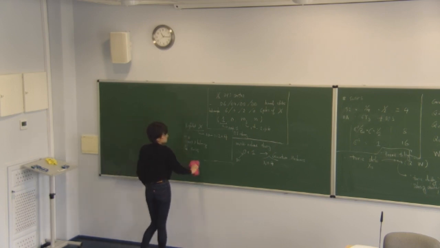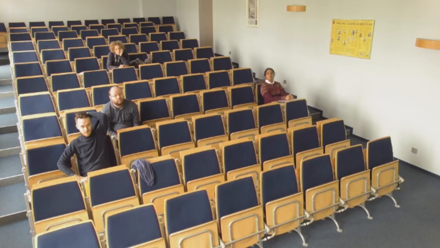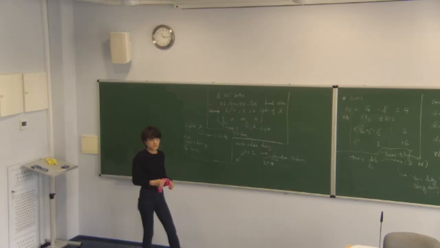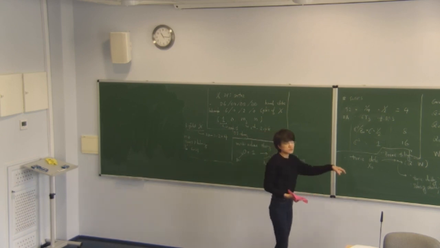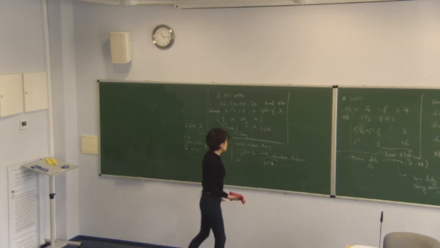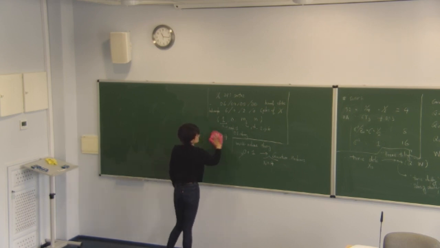Excuse me, do I understand correctly that from this toric data we build the quiver, that it fully determines it? It's not fully determined. You said it's one to many. Yes, that's for a more complicated case.